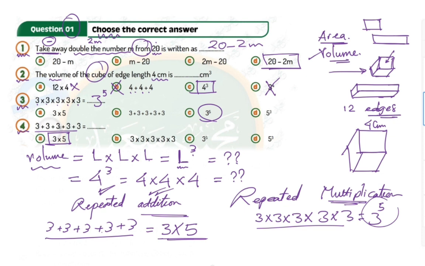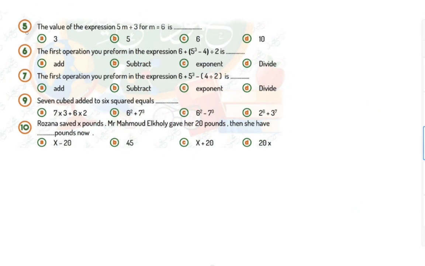Repeated addition. Let's continue to question number 5. The value of the expression 5m divided by 3, when m equals 6, is 3, 5, 6 or 10.